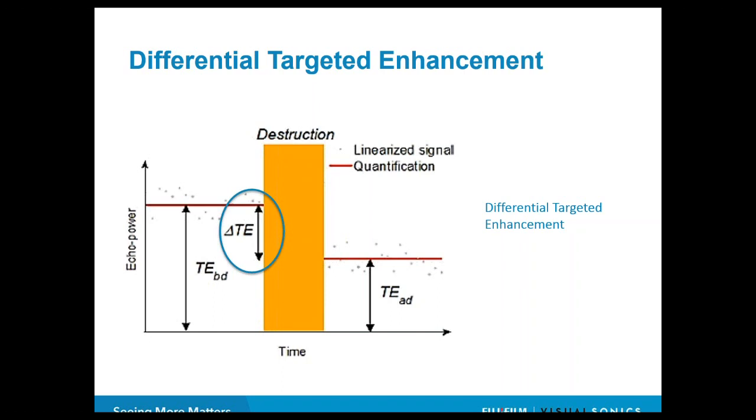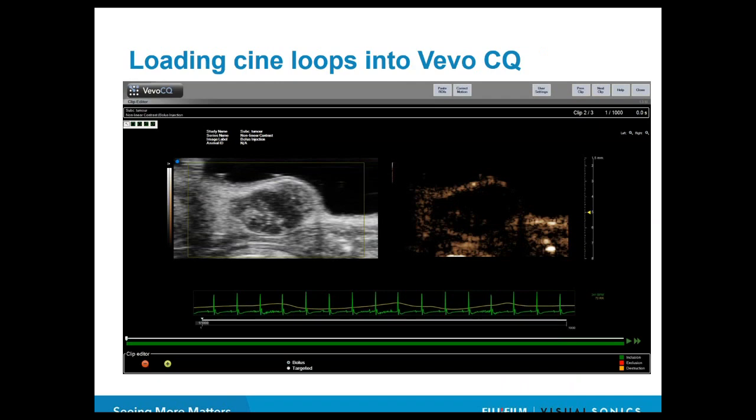Using the software is actually quite easy. You can load clips into VevoCQ either directly from the contrast image that you recorded in VevoLab, or you can select several images from the study browser. And as I said before, Stephen has some details about this in his webinar, so I'm not going too much into details here.